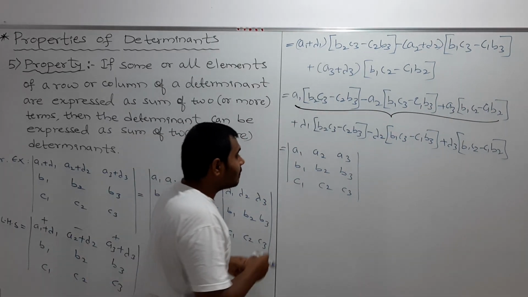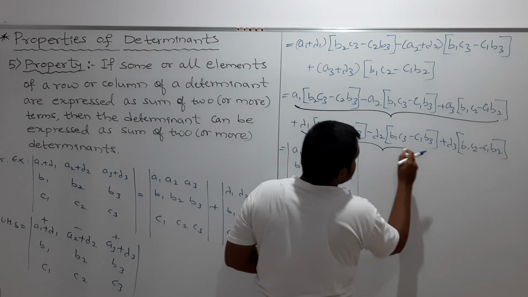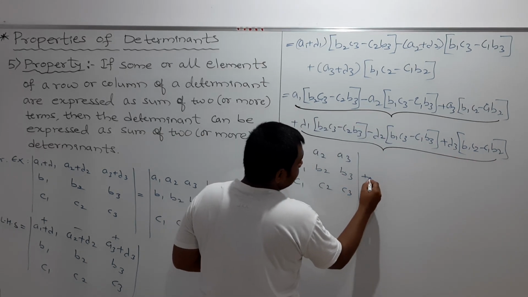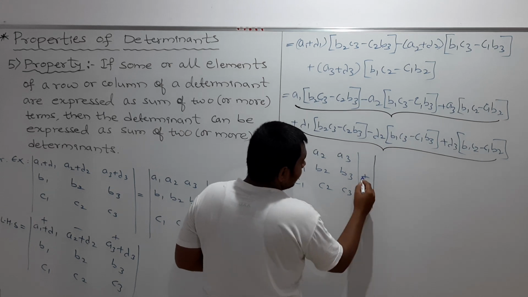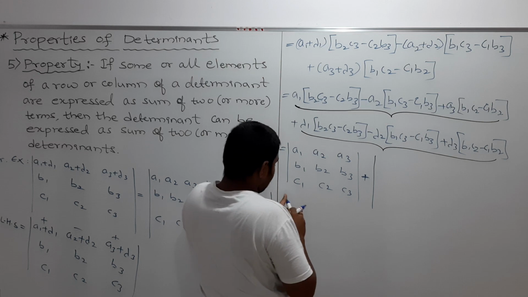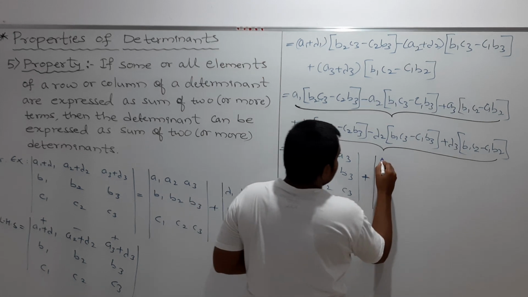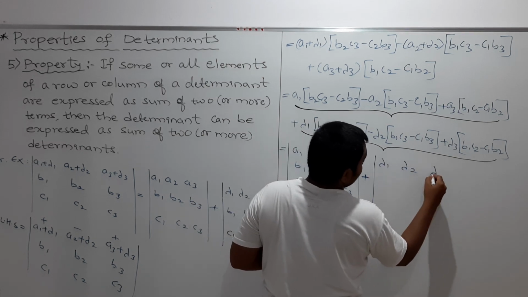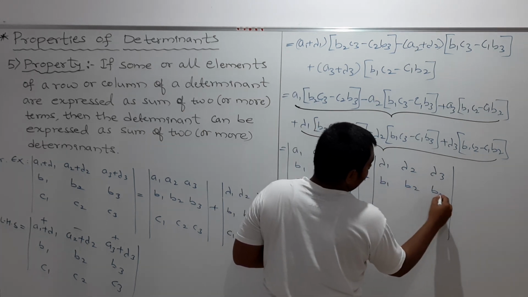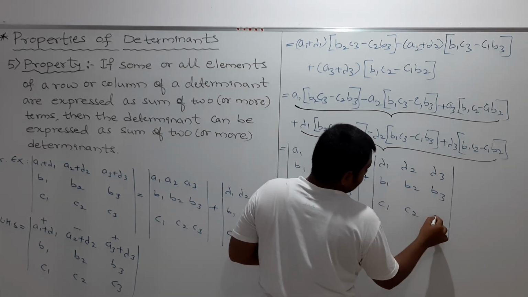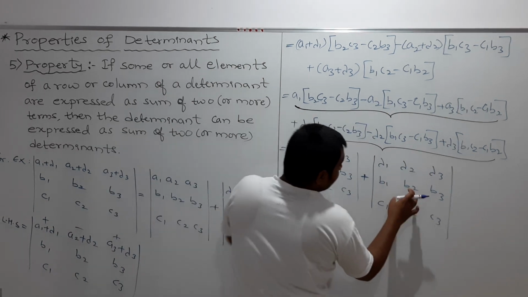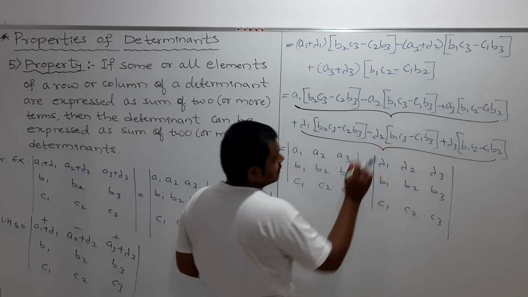Clear? And similarly, my dear students, this also can be written as, plus sign is there, so plus, this entire term I can write as the determinant with lambda 1, lambda 2, lambda 3, next b1, b2, b3, c1, c2, c3. Clear? You can again verify, after solving this determinant you will get this only.